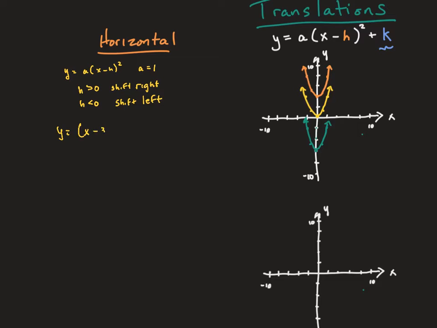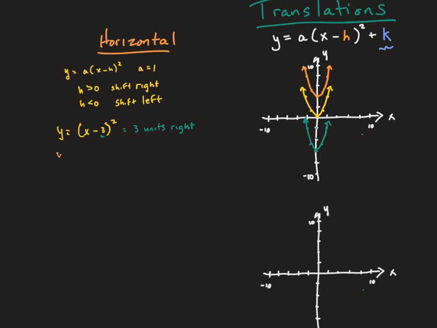Now it's opposite signs. So if I were to say y is x minus 3 squared, technically this is a 3, so that is going to shift right 3 units, because it is greater than 0.